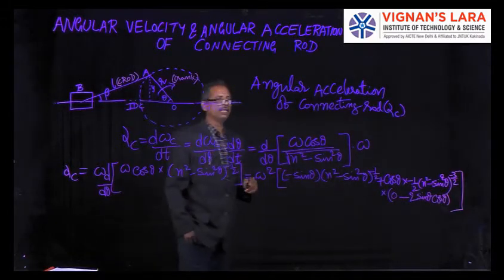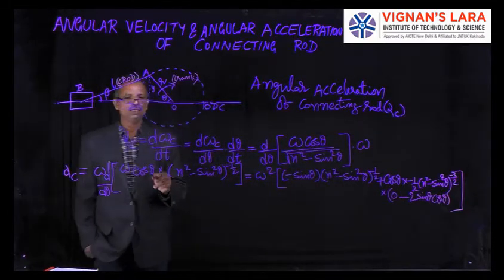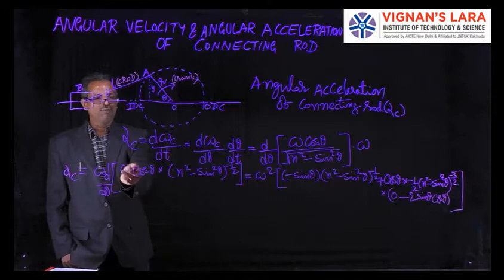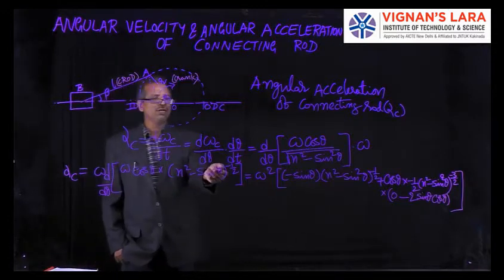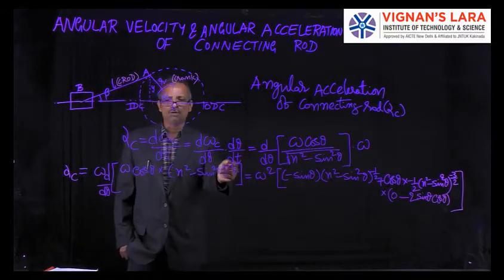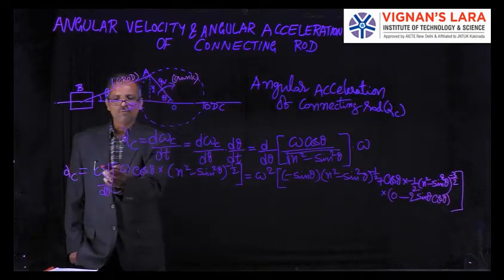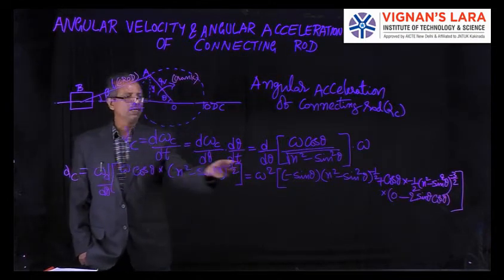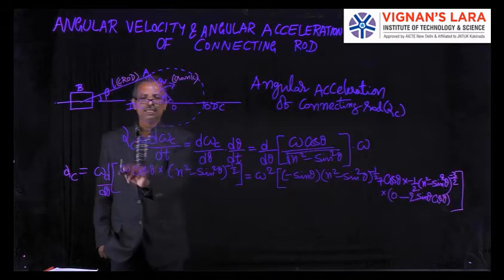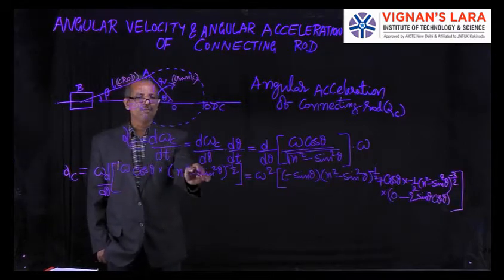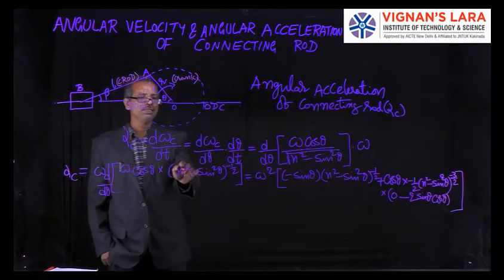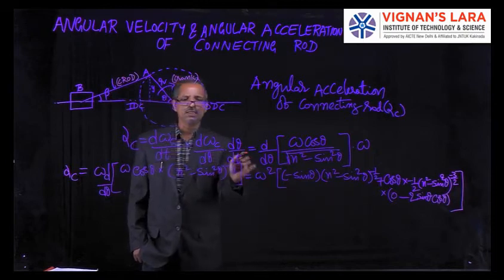So what I did, I applied UV formula, that is like omega cos theta n square minus sin square theta whole to the power of minus half. Omega is taken out, then I got omega square, then d by d theta of AB. A is cos theta, B is n square minus sin square theta to the power of minus half.